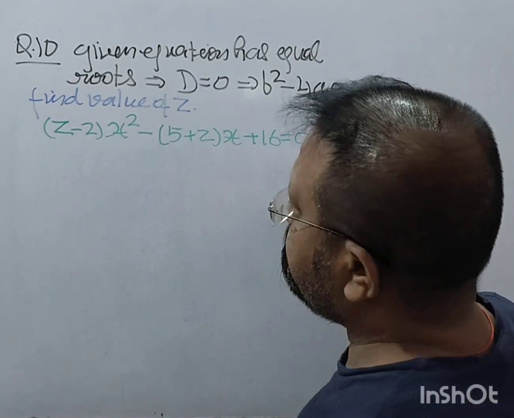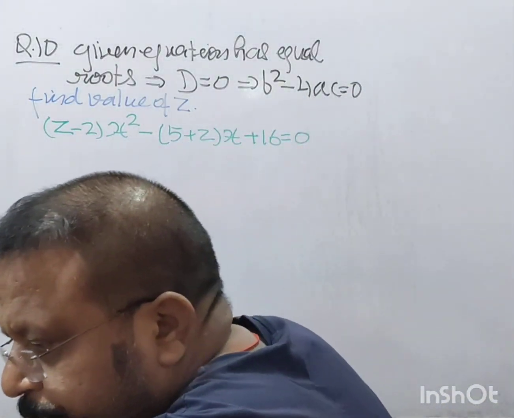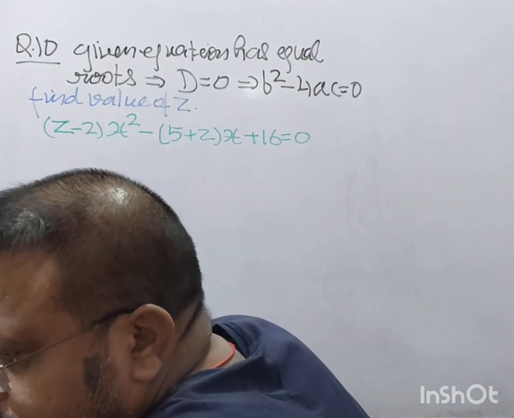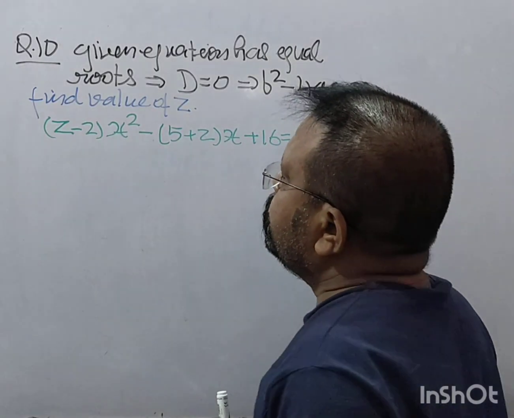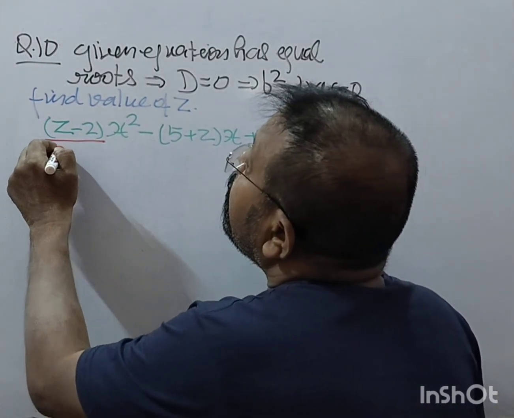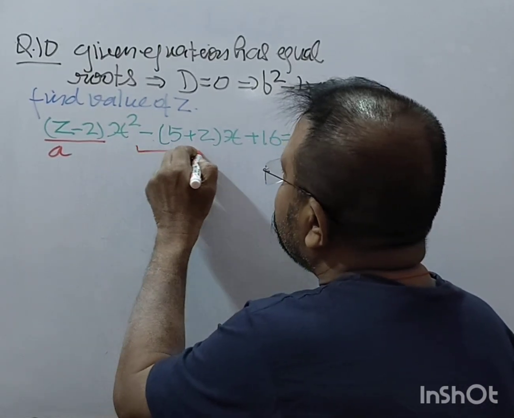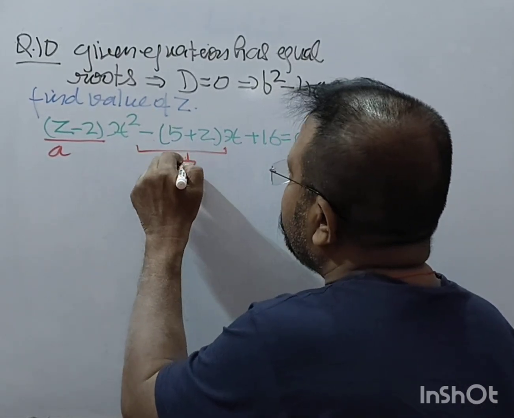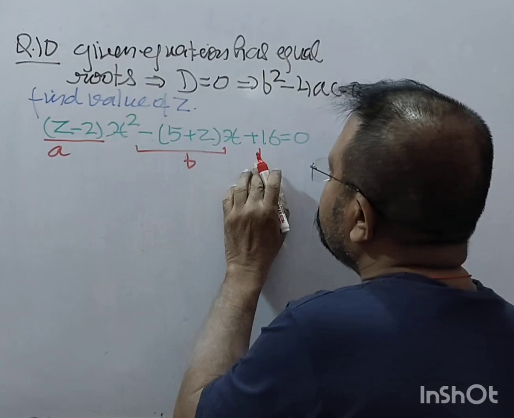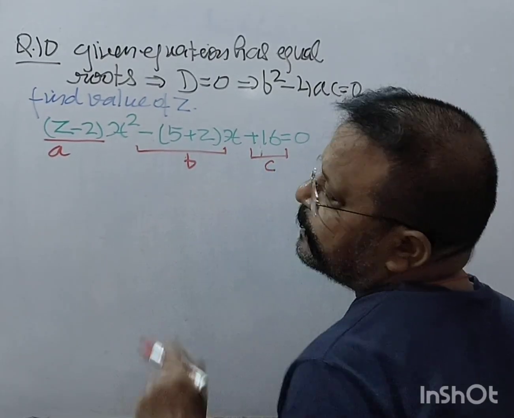This is the equation. So what is it? This is A, this is B, and this is C, right?